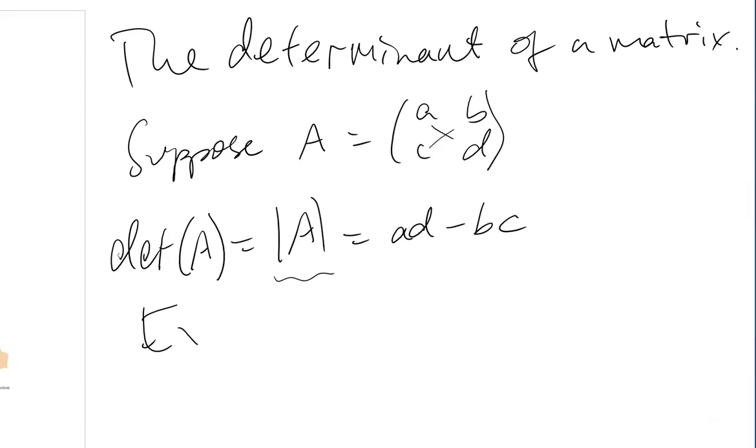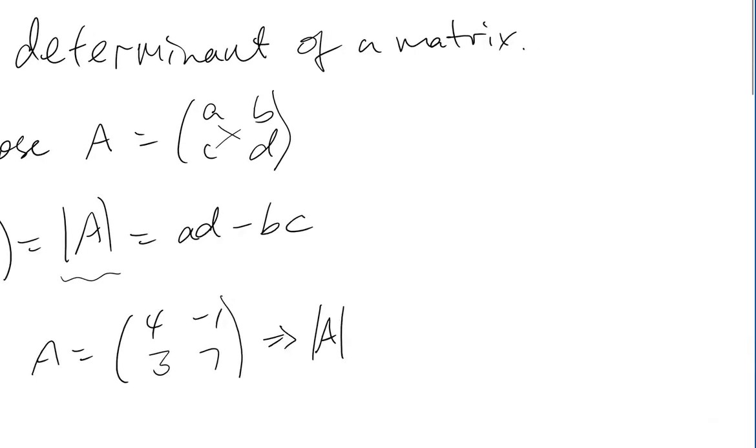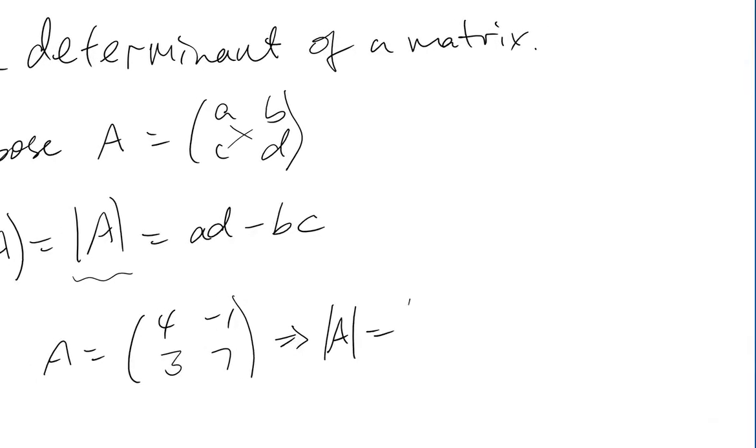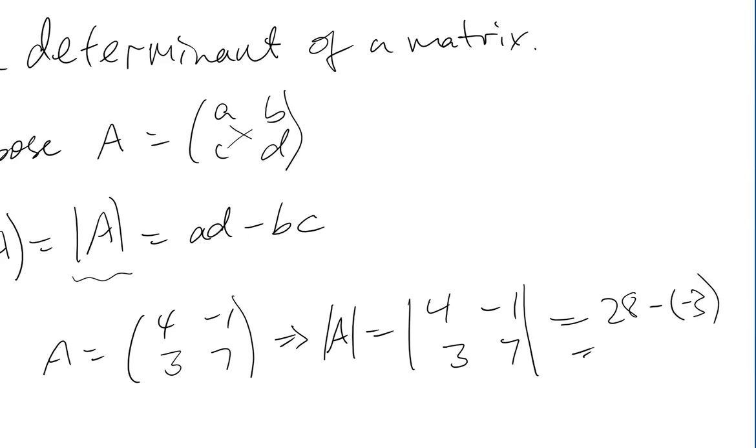So for example, if A is the matrix 4, -1, 3, 7, the determinant of A, which you can also write by just writing the matrix like this with bars, 4, -1, 3, 7, is going to be 28 minus a -3, which is 31.